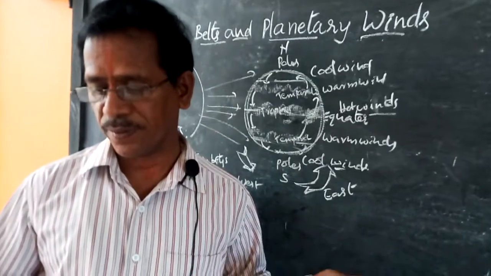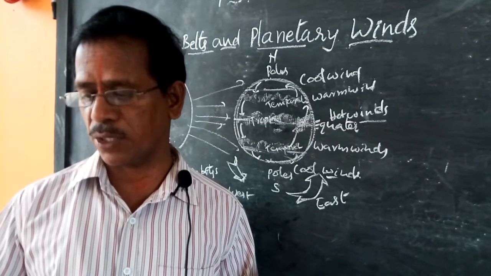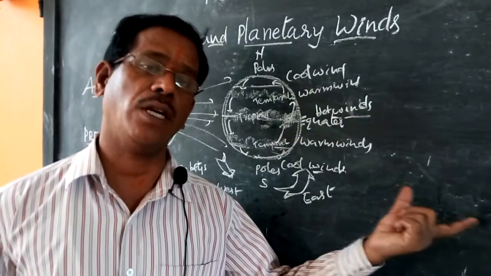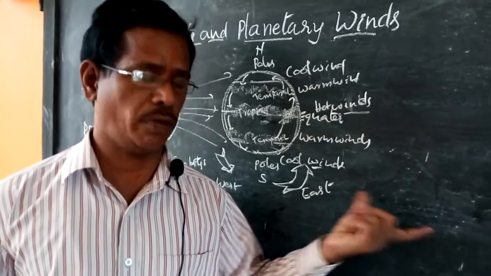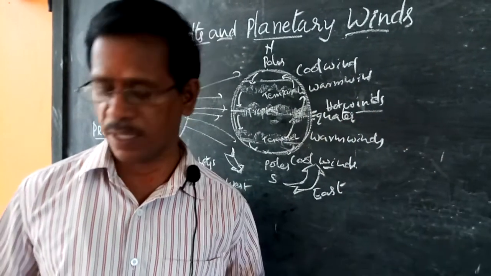That's why heating and cooling happen at different rates in different places. Therefore the pressure also varies from place to place. This land and water relation also determines where there is high pressure and where there is low pressure.